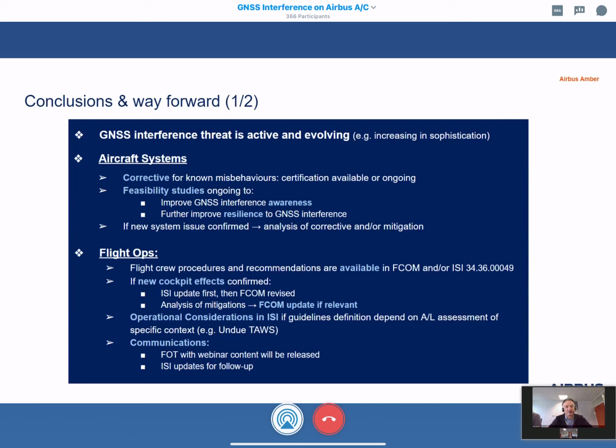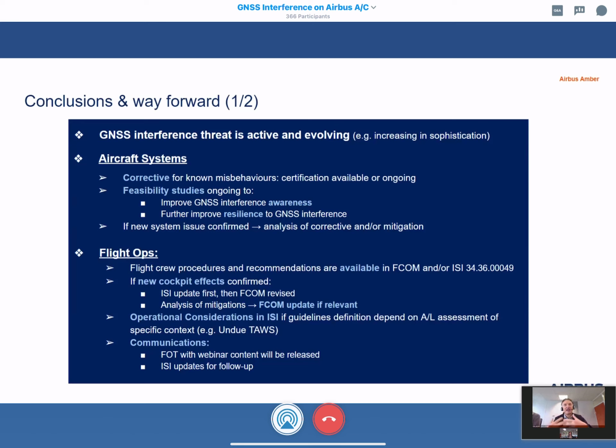So yes, we have some procedures and recommendations already available in FCOM, also in the famous ISI article 34-36-49. If new cockpit effects are confirmed, we will put this input in the ISI and in the FCOM. Analysis of mitigations will come with an FCOM update if relevant.